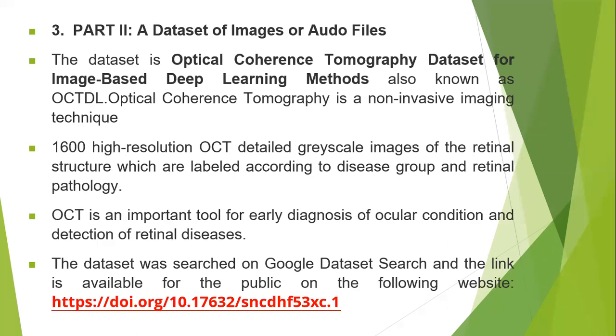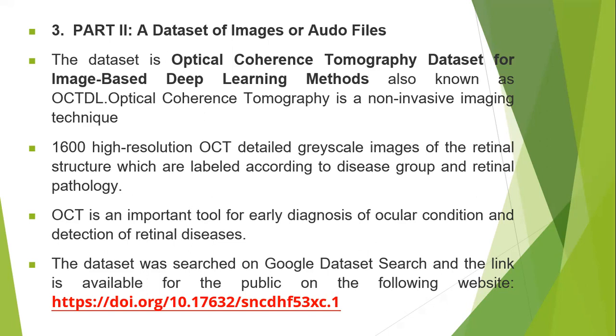In part 2, we are required to get a data set of images or audio files from any good source, and this is the data set I got from Google Data Search. It is about optical coherence tomography for image-based deep learning. Optical coherence tomography is a non-invasive imaging technique.